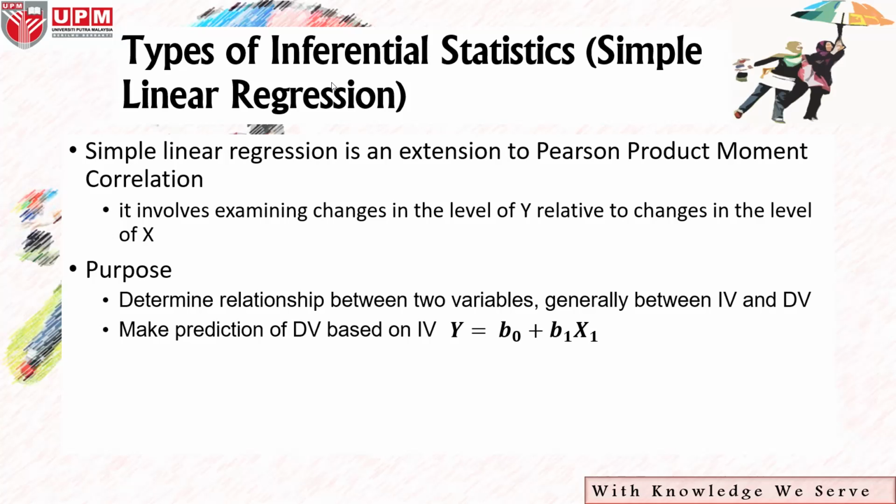Both are the same. Okay. The next type of inferential statistic is simple linear regression. Why simple? Because in simple linear regression, we only have one IV and one DV. The scale of measurement for IV and DV is either interval or ratio, and to run this analysis, both your IV and DV must meet the requirement of normality.